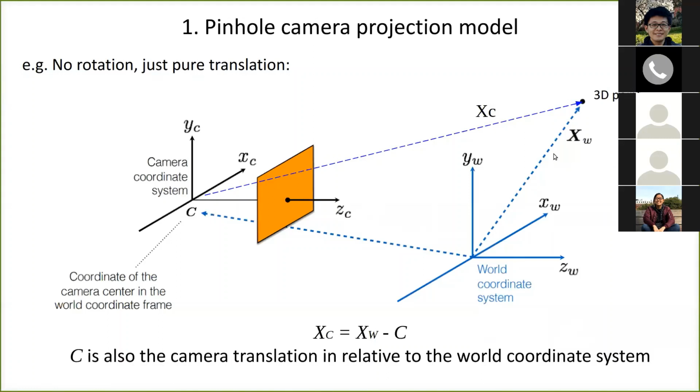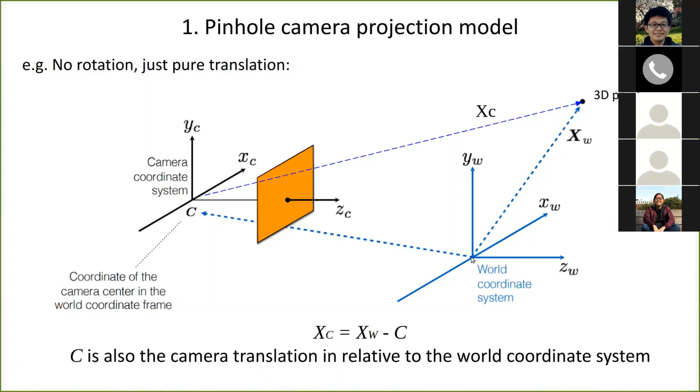If we add these two vectors together, we will have C plus XC equals XW. So this C vector is actually the translation of the camera itself. So it is also the coordinate of the camera center of this camera coordinate system in the world coordinate system, right?